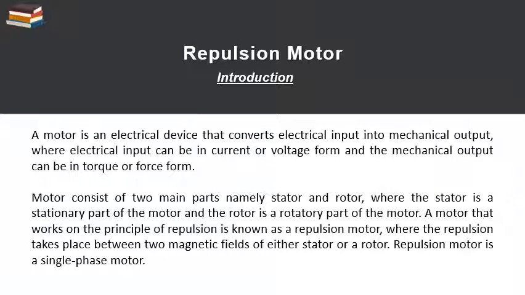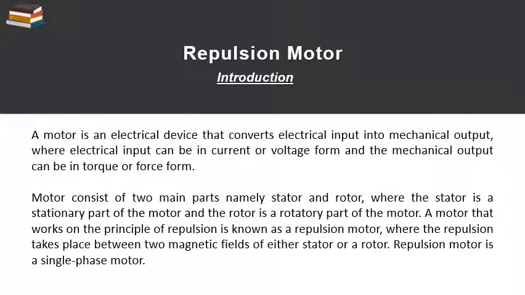A rotating electrical device or machine is called a motor if it converts electrical energy into mechanical energy. So a motor is an electrical device that converts electrical input into mechanical output, where the electrical input can be in current or voltage form and the mechanical output can be in torque or force form.